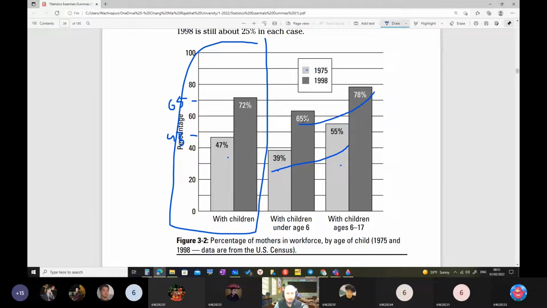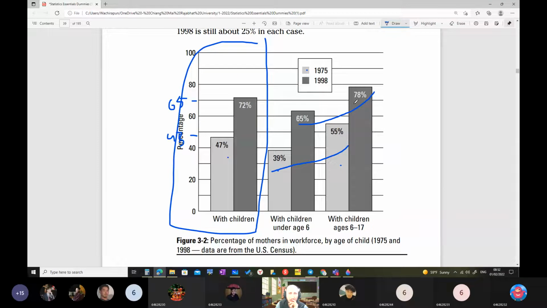So we can look at each year. You see, when children are under 6, 65% of mothers are working.